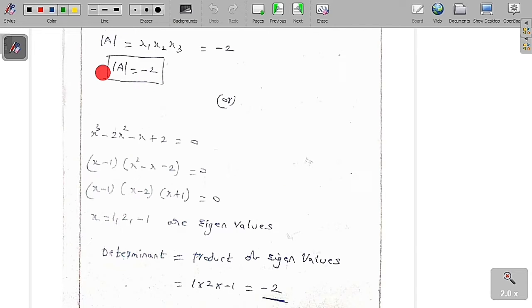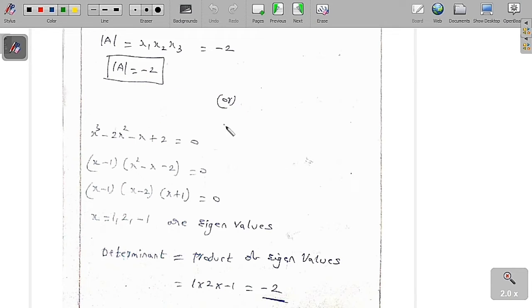Therefore the determinant of the matrix is equal to minus 2, whereas the sum of the eigenvalues is equal to the trace of the matrix. So minus 2 is the correct solution of this question.